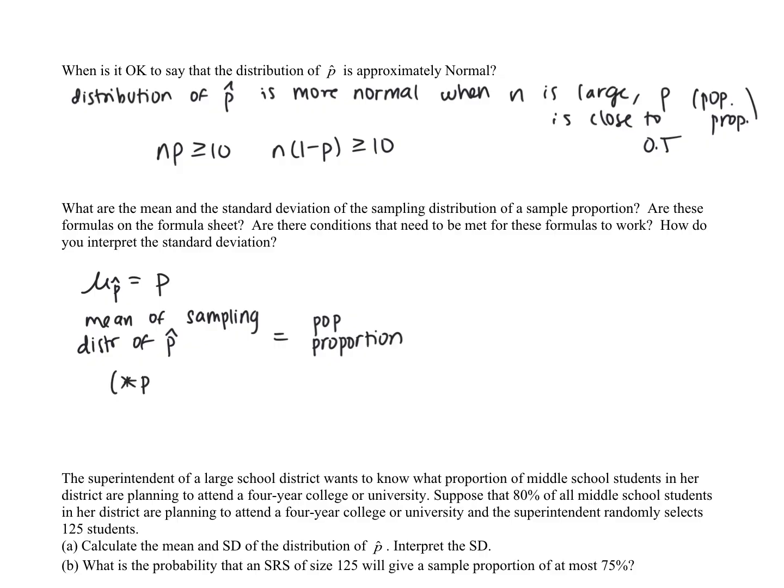And again, that is because p hat is unbiased. All we are saying is that if we took all the p hats of the same size, like all the samples of size 100, and calculated the sample proportion, some are going to be bigger than p, some are going to be smaller than p, but in the long run, we will be centered at the true value.